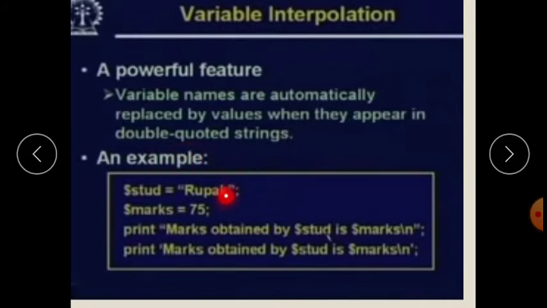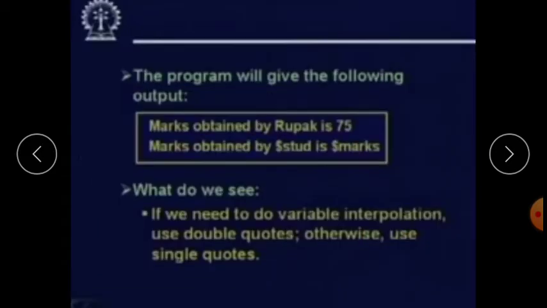Here is an example through which we can understand it very easily. $stud = "Rupak"; $marks = 75; then we have two statements: print "marks obtained by $stud is $marks"; and print 'marks obtained by $stud is $marks'; in single quotes. The program will give the following output: marks obtained by Rupak is 75, and the second statement will give the output: marks obtained by $stud is $marks.